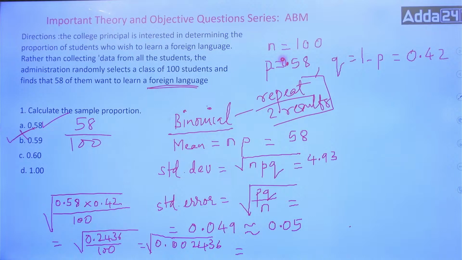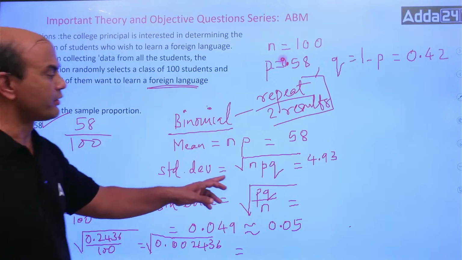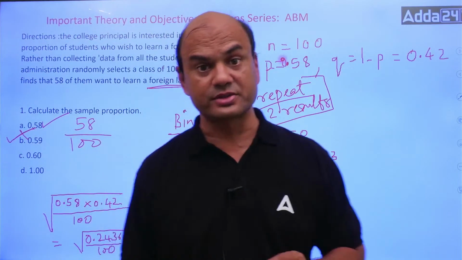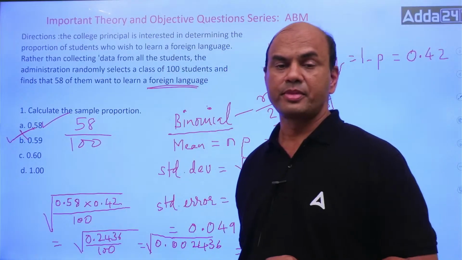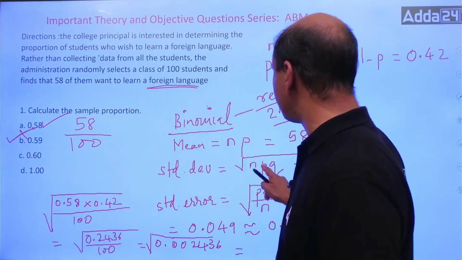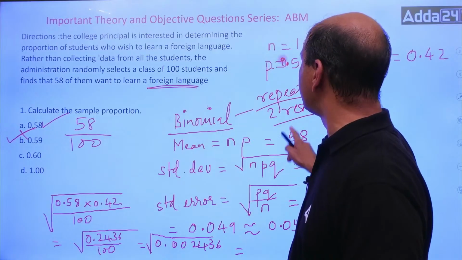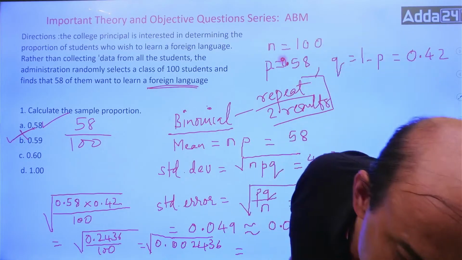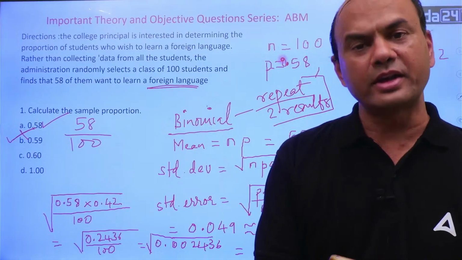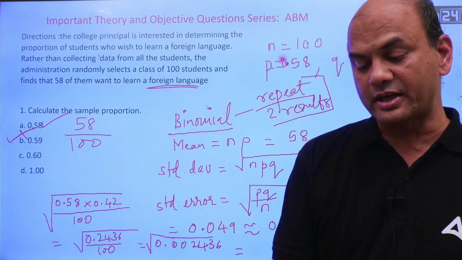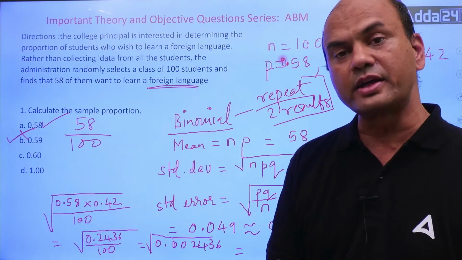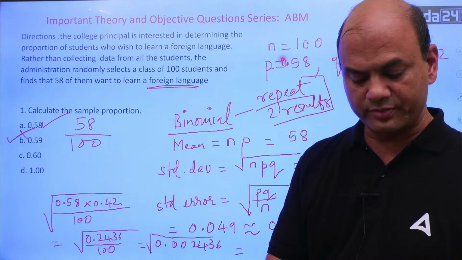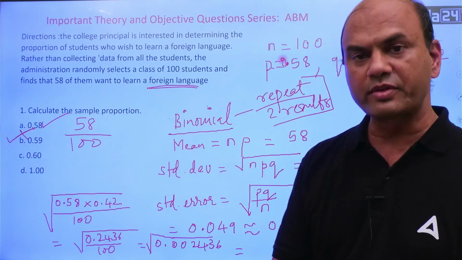Everyone try this. Square root of N, 100 into 0.58 into 0.42. Let me also try. I must get this answer correct as per what you get.